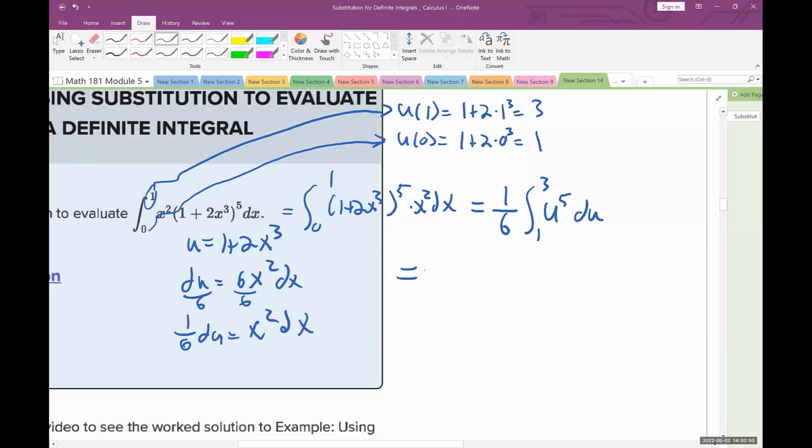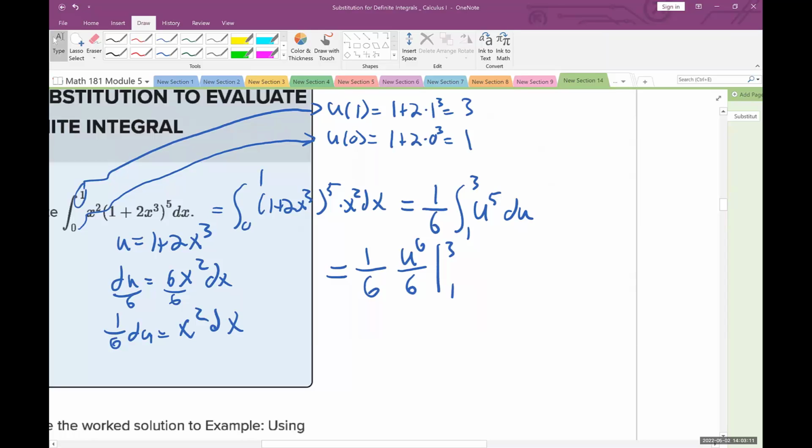So what is our antiderivative of u to the 5th power? Very good. It's u to the 6th over 6, and we evaluate that from 1 to 3. No plus c because it's a definite integral. So we have 1 over 36, from the 6 times 6, times 3 to the 6th minus 1 to the 6th.